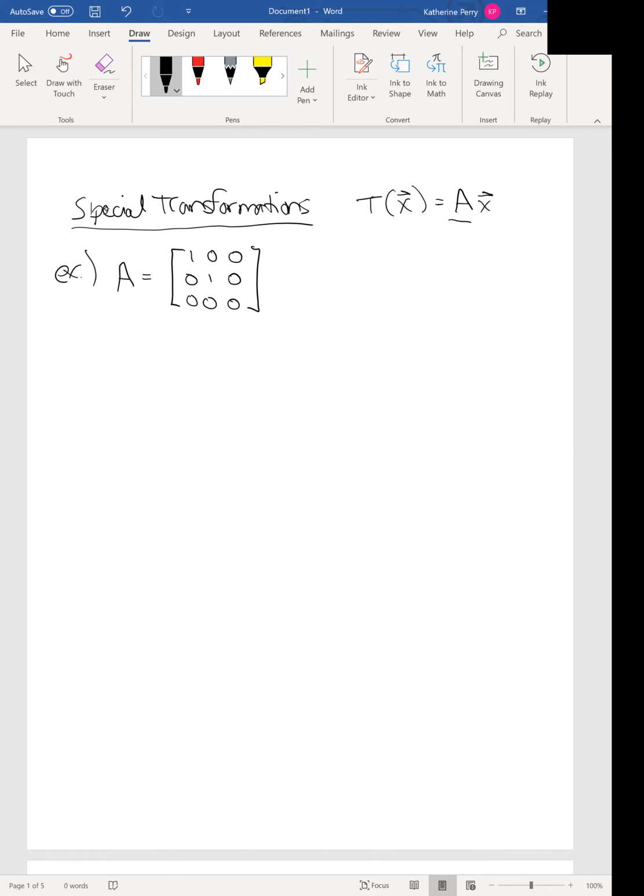And so here, if T of x equals A times x, then T is a transformation from R3 to R3.